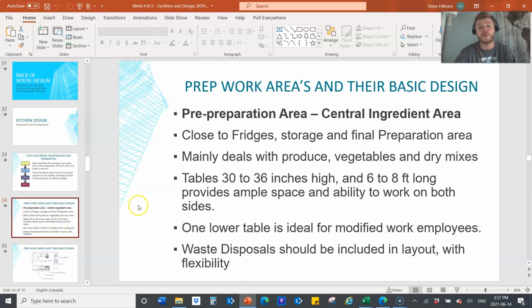So in our pre-prep areas, when you design them, there's a couple things you need to know. In relation to fridges and storage, it must be very close because you're going to be walking a lot from those storage areas to that pre-preparation area. You mainly will deal with produce, vegetables, and dry mixes. Table heights are really good from 30 to 36 feet, and long tables 6 to 8 feet are really important as well because that way you might get very large pack sizes.